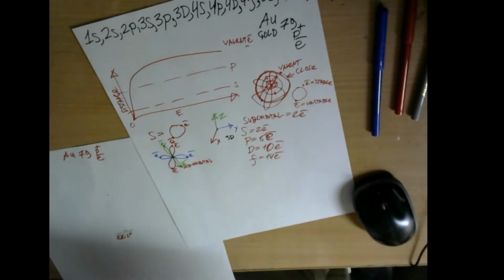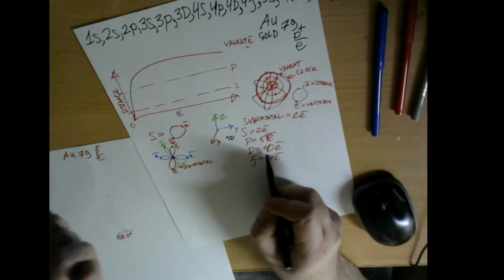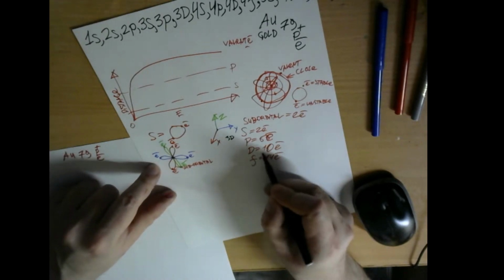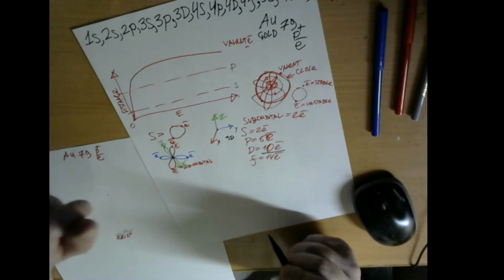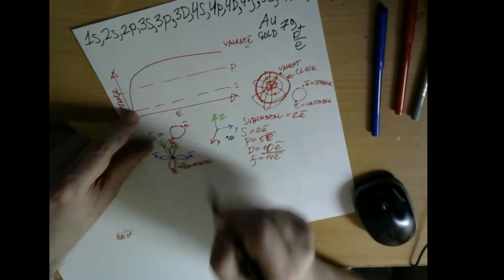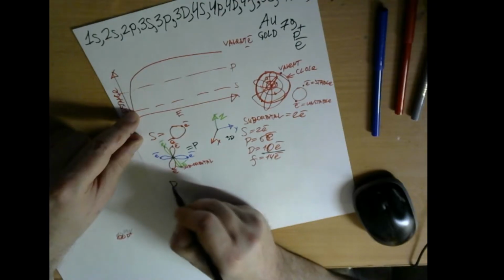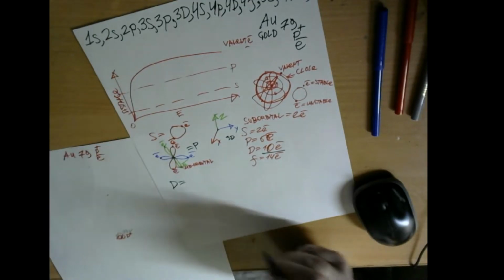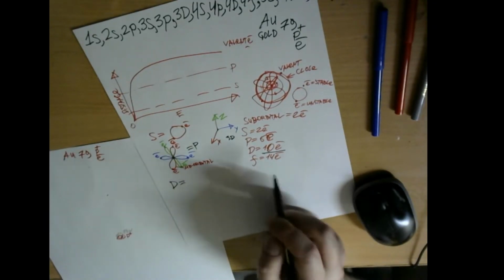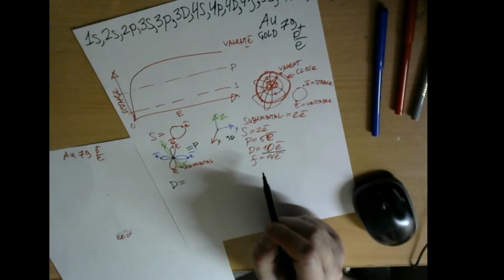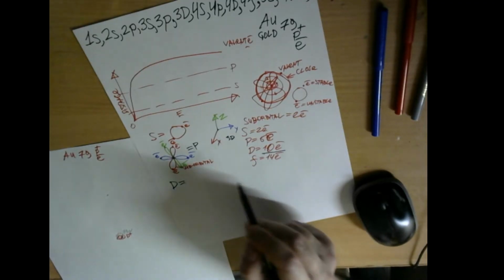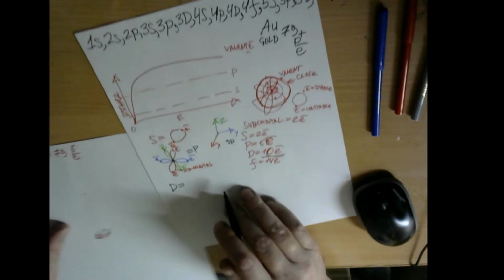Let's proceed. We'll have d orbitals that have 10 electrons. D orbitals. This would be p. Okay? D would have, if we have 2 electrons on one suborbital, it will have 5.